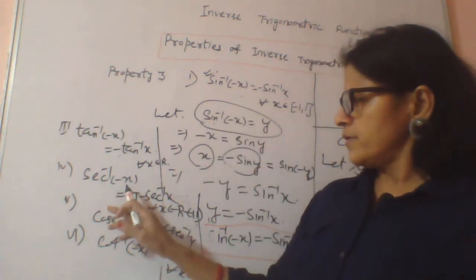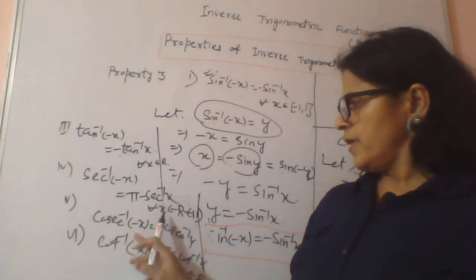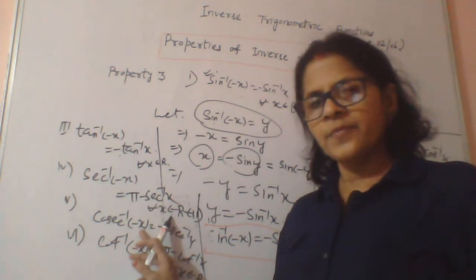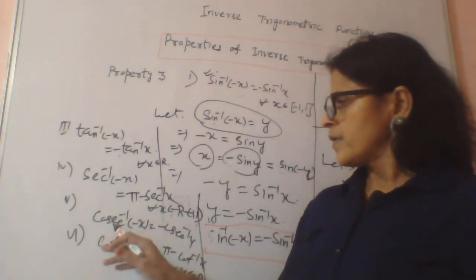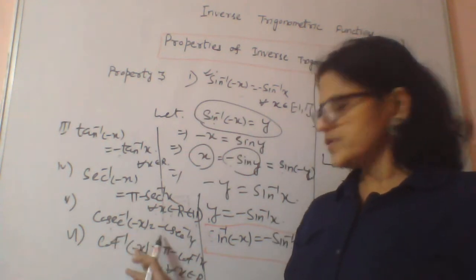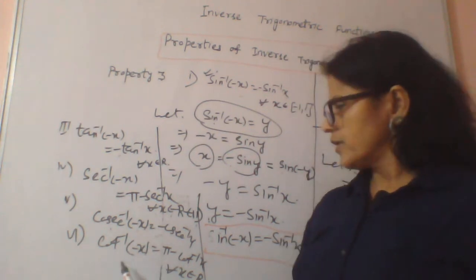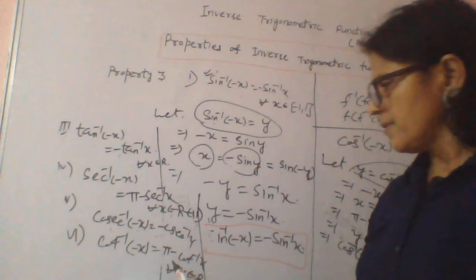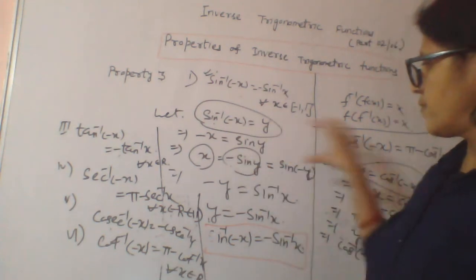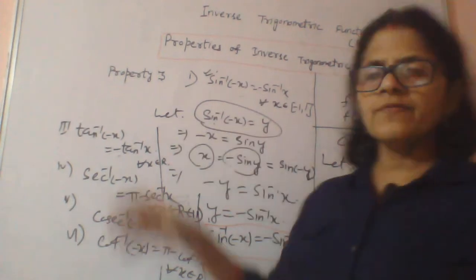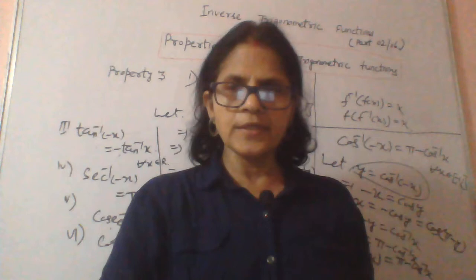Sec inverse minus x is pi minus sec inverse x for all x belongs to the set of real numbers except the open interval minus 1, 1. Cosec inverse minus x is minus cosec inverse x, and the last part is cot inverse minus x equal to pi minus cot inverse x. So the way we have proved these 2 parts, the other 4 parts can be proved in a similar way. I hope it is clear to all of you.